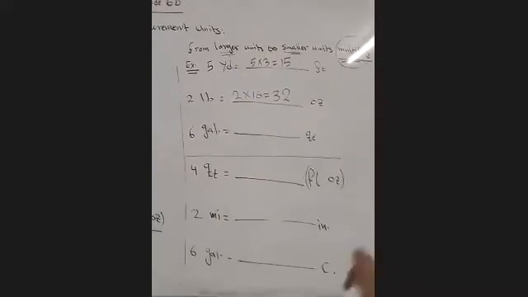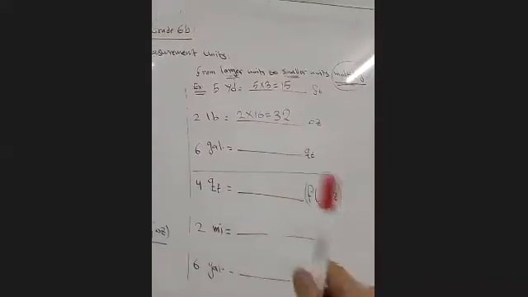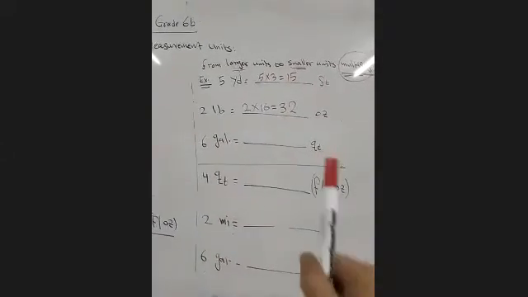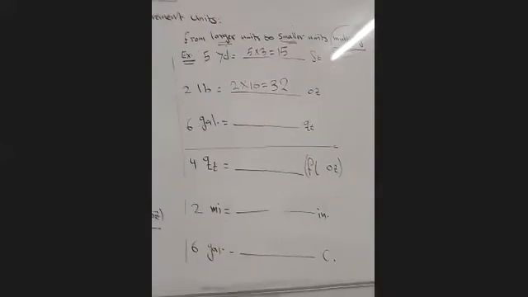But who can help me in turning the gallon to quarters? The gallon to quarters, guys. Najm. Yes, mister. I want to turn 6 gallons to quarters. What will I do?